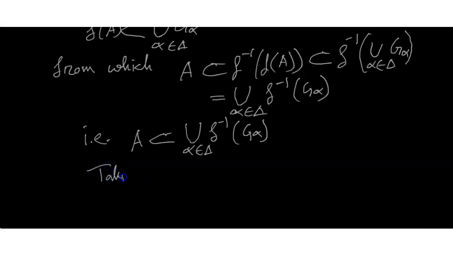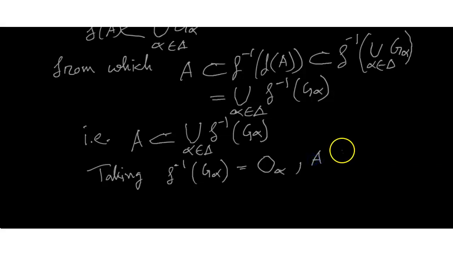Taking f inverse G_alpha equal to O_alpha, where O_alpha is a subset of X and A is a subset of the union over alpha belongs to Delta of O_alpha.